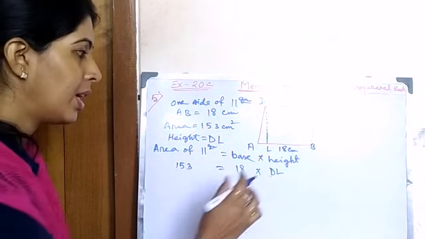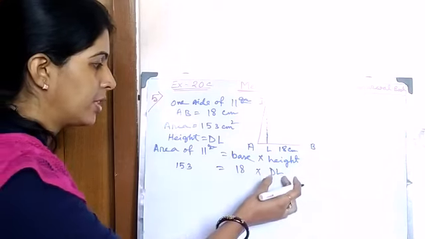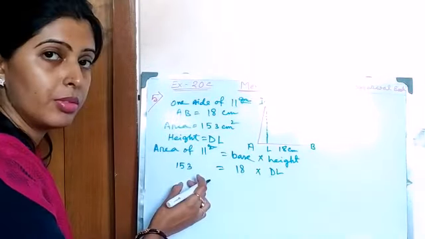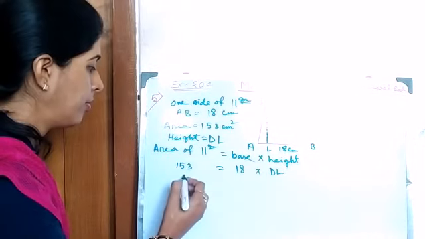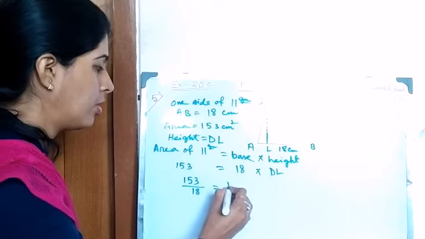So DL is unknown. If we want to find out DL, then we have to fix it on the right side. Then 18 will come down here. That means 153 divided by 18 equal to DL.